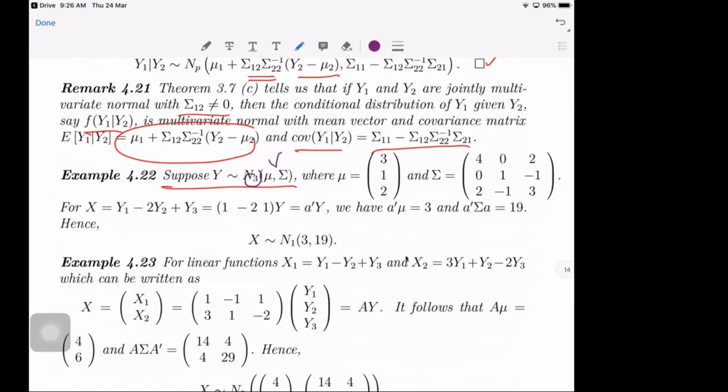And so your mean is a 3x1 vector with entries 3, 1, 2, and this is your covariance matrix. So ibig sabihin kini siya mao ni ang sigma 1 1, sigma 2 2, and sigma 3 3. The off diagonals are the covariances relation with other variables.